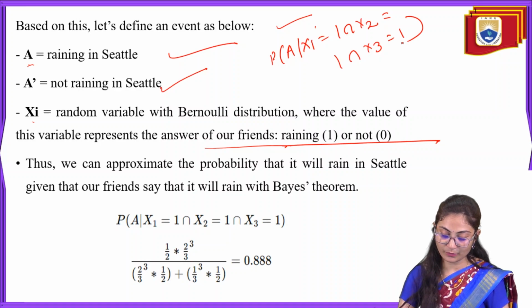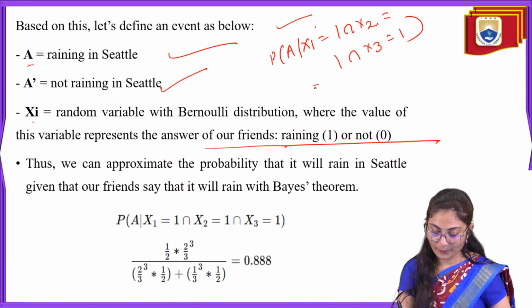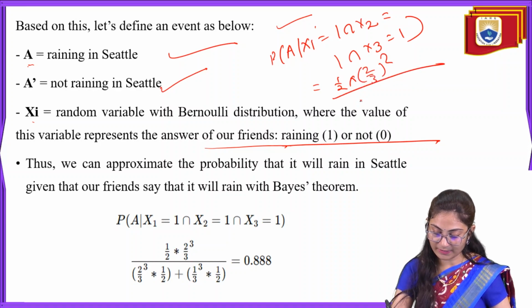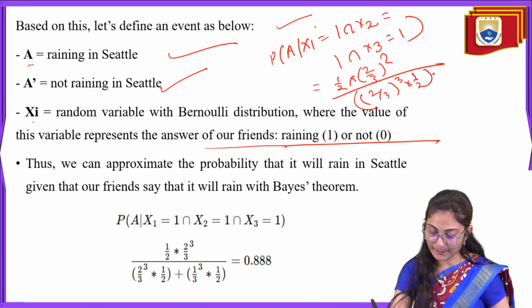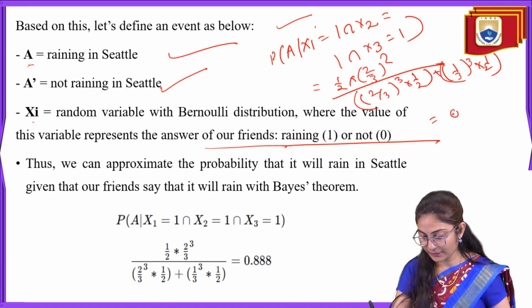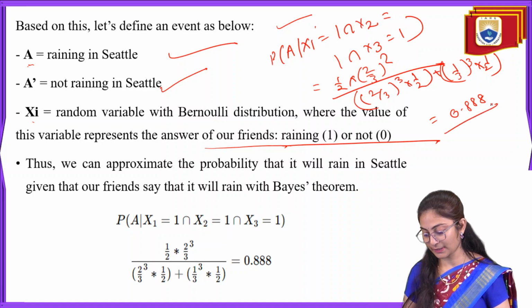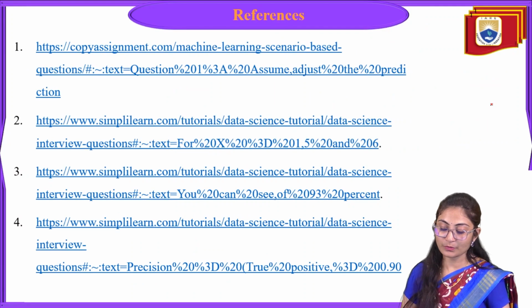After that you can plug in the values: 1/2 into (2/3) cube divided by (2/3) cube into 1/2 plus (1/3) cube into 1/2. So after solving you will get 0.888. So these are the references. You can go through this.